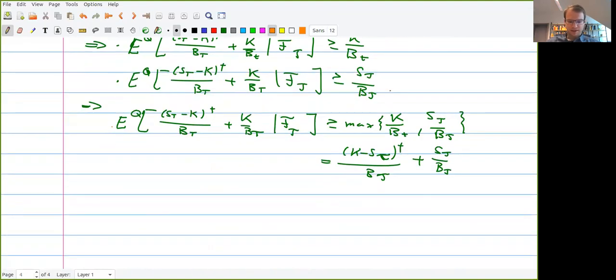Let's call this star star. So let's keep green, combining star and star star.